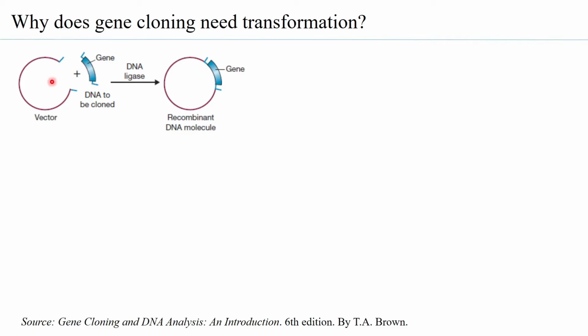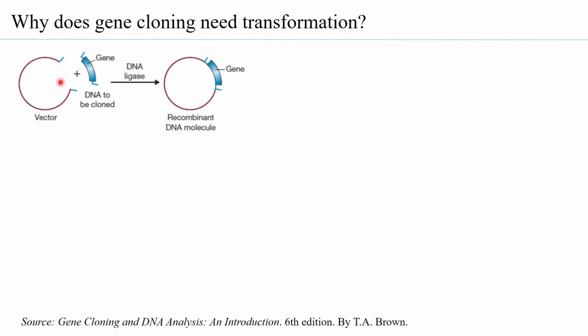Interestingly, both the vector and the gene of interest are either cut by the same restriction endonuclease or by restriction endonucleases in such a way that the sticky ends present in the gene of interest are the same as the sticky ends present in the plasmid DNA or phage DNA. Now, why is this important?